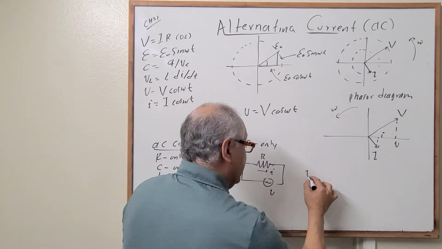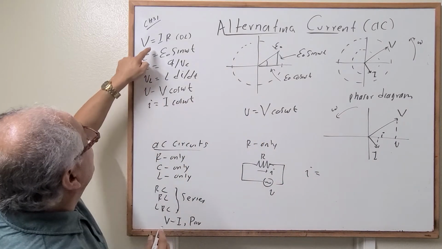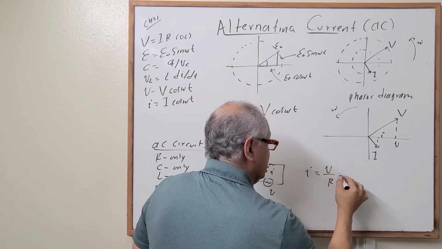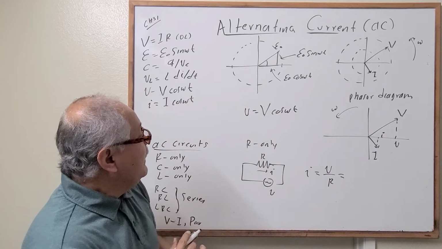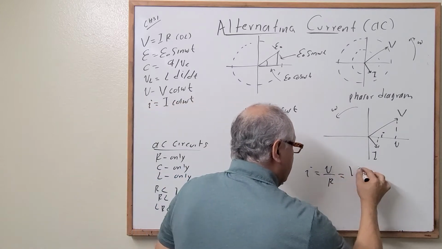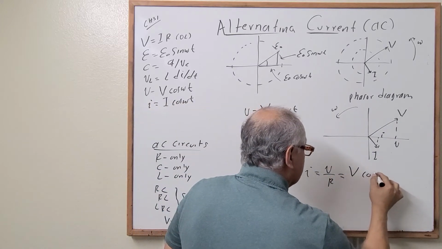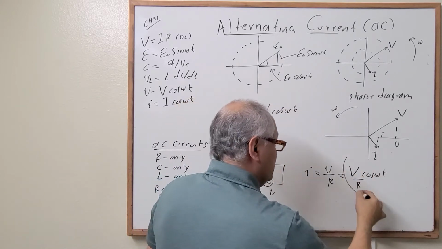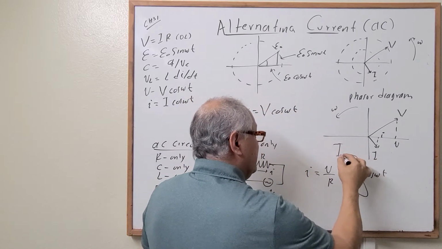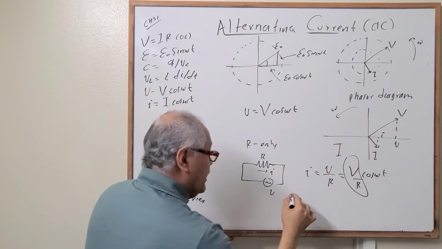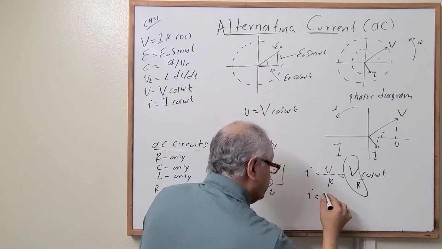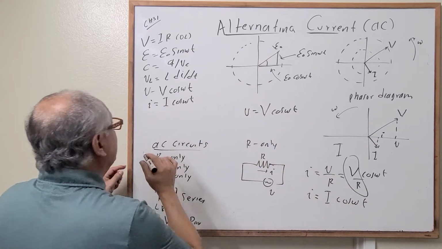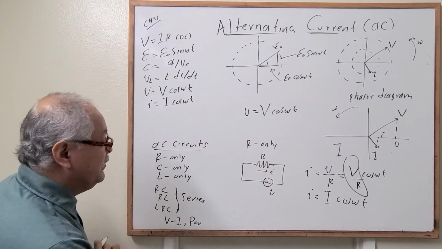Well, the instantaneous current using Ohm's law is equal to the instantaneous voltage divided by the resistance. But the instantaneous voltage equals the maximum voltage times cosine omega t, divided by R. And again, using Ohm's law, this quantity is the maximum current. So current then equals maximum current times cosine omega t. Perfect, which is this equation right here.